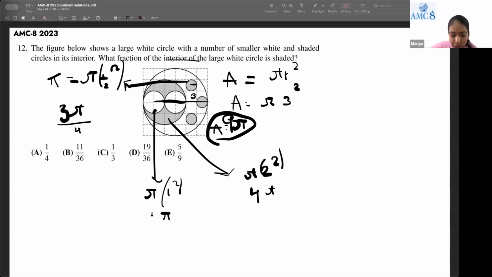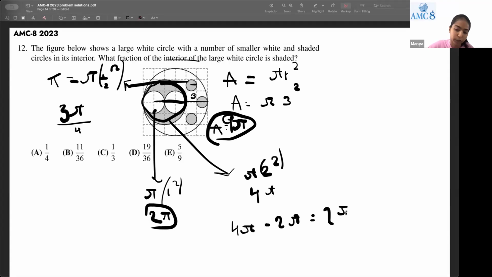And so that would be 2 pi, right? Since there are two white circles inside here. And so to find the area of just the shaded part, we can do this whole circle right here minus these two white circles. And we're going to be getting 4 pi minus 2 pi, which will be equal to 2 pi, right?